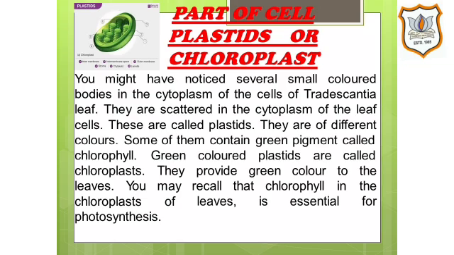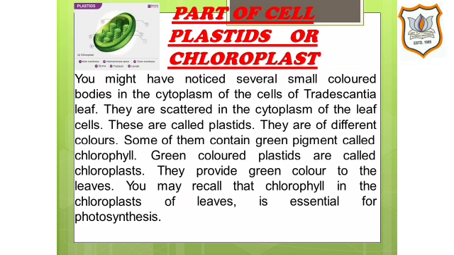Chloroplasts are green colored organelles present in the cytoplasm of plant cell. The process of food making by plants, known as photosynthesis, takes place in chloroplast. The green color of the chloroplast is due to the presence of a green pigment called chlorophyll in them.